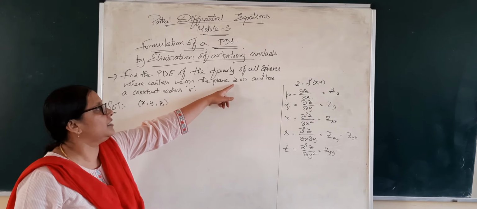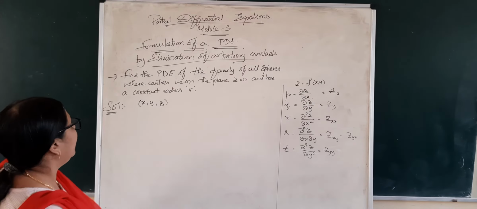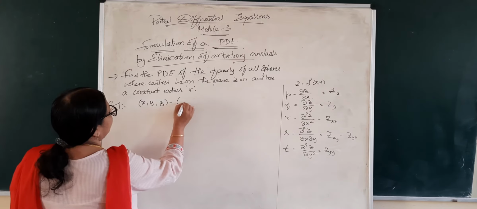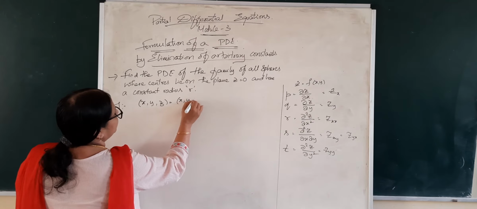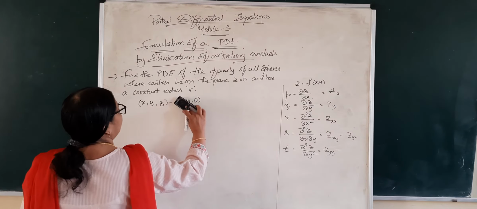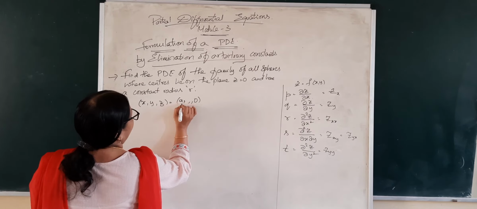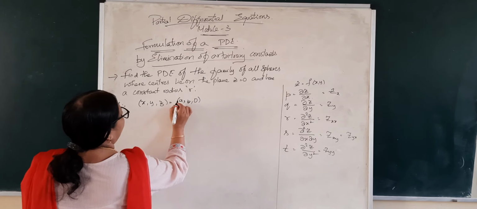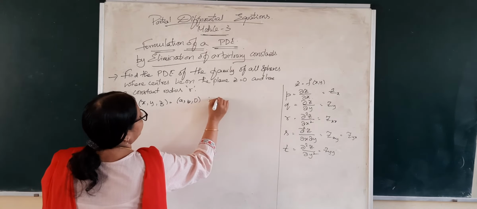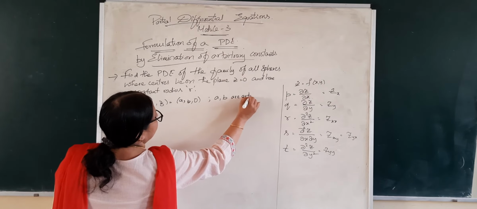On the plane z is 0, every z coordinate value will be 0. Hence, a point on the plane z is 0 will be in the form x comma y comma 0. We can assume the x coordinate is a, an arbitrary constant, and the y coordinate is b, again an arbitrary constant. Here you can write, let a comma b be arbitrary constants.